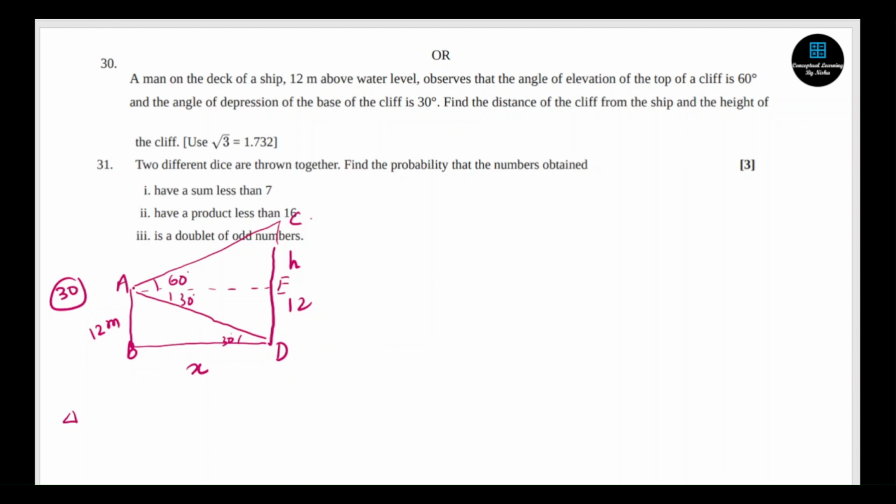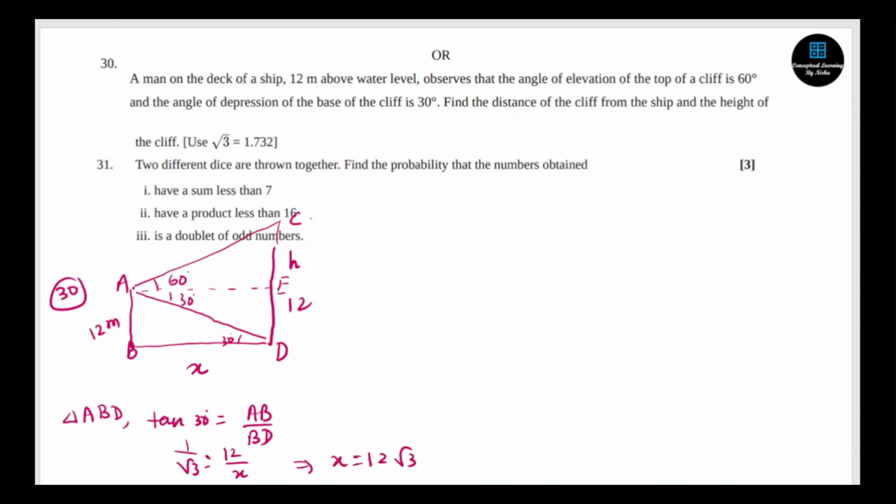First of all, triangle ABD: tan 30 degree equals AB over BD, which is 1 over square root of 3, equals 12 over x. So x equals 12 square root of 3.